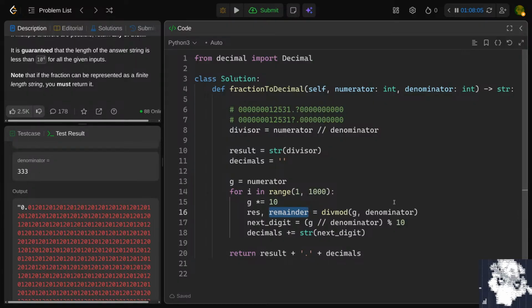So, because this would be res. Just trying to think, when you divide, you're saying G integer division by denominator plus remainder.